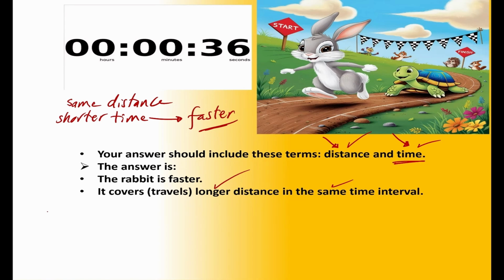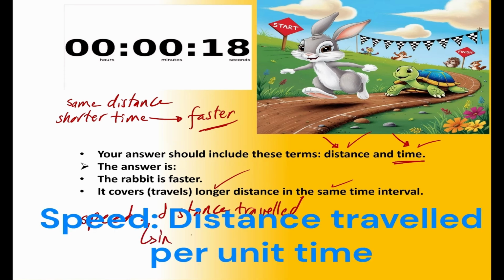What is the concept that relates distance and time? When we talk about distance and time, the concept which relates them, which links them, is speed. So the speed is the distance covered in unit time, or the distance traveled in unit time.